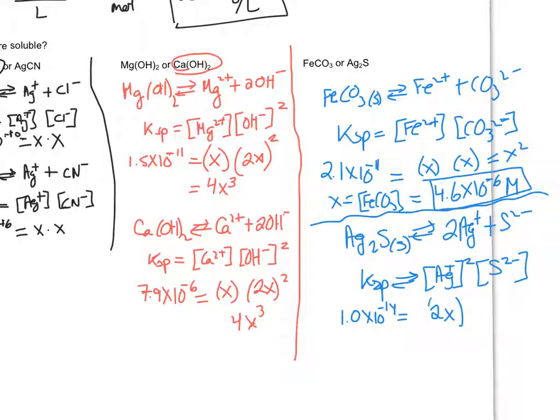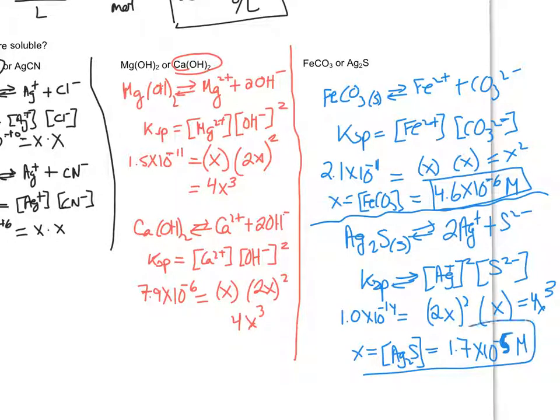And then don't forget that's squared. And then the S2- would be X, because it's a 1-to-1 ratio with the Ag2S. So that is 4X cubed. And so if you solve for X, which would be the concentration of the Ag2S in a saturated solution, that ends up being 1.7 times 10 to the negative 5th molar. That's a 5 there.